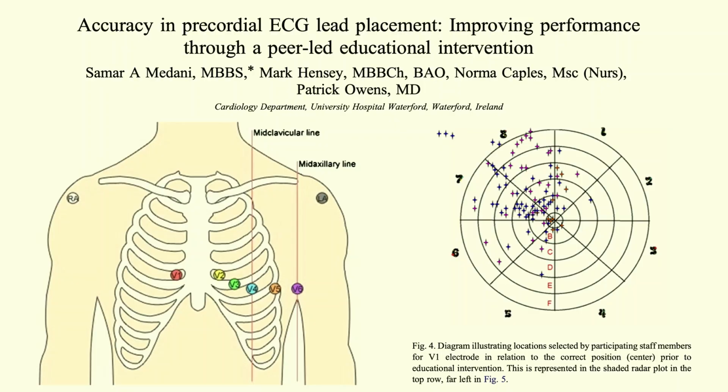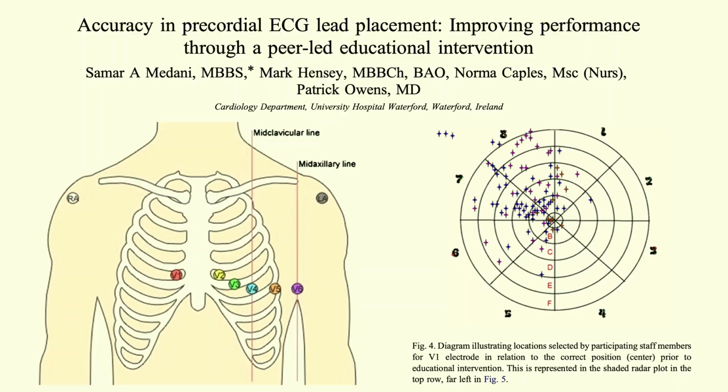This one up here is like up on the right earlobe. That's nowhere close to where V1 is supposed to be. That one on the D ring is like down on the belly button. So more often than not, I find, they're not placed in the correct location. The correct location for V1 and V2 is the 4th intercostal space, which is basically between the nipples.